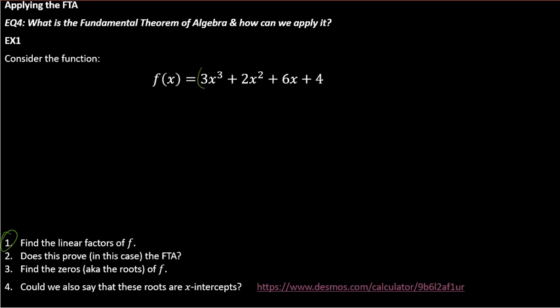So that means we're going to have to use grouping. But it says linear, so all of our factors need to be to the first power. They need to be expressed as first degree polynomials. First of all, let's take note right here: this polynomial is a third degree polynomial.